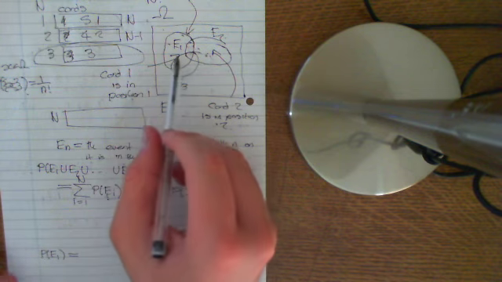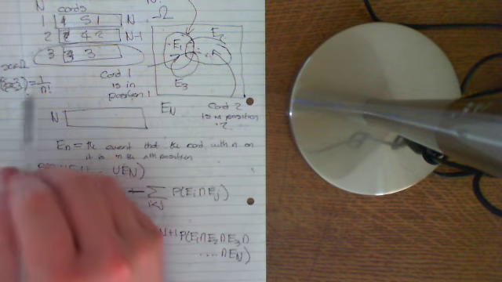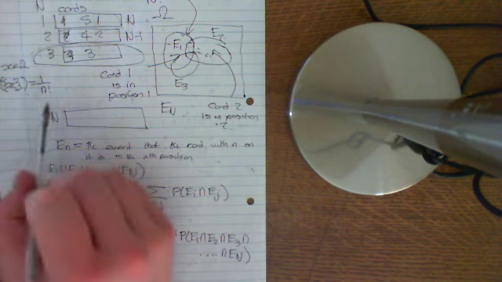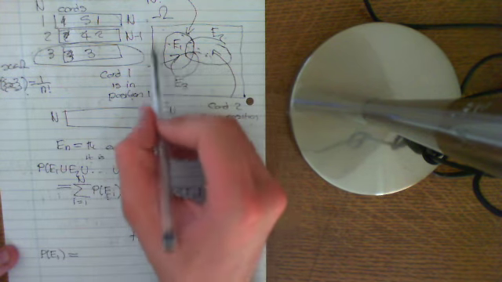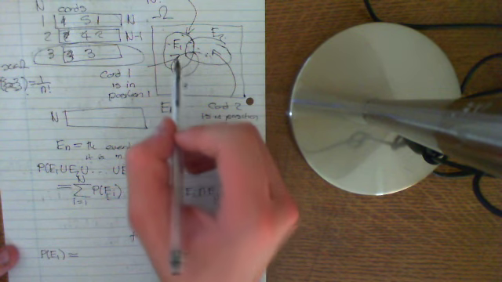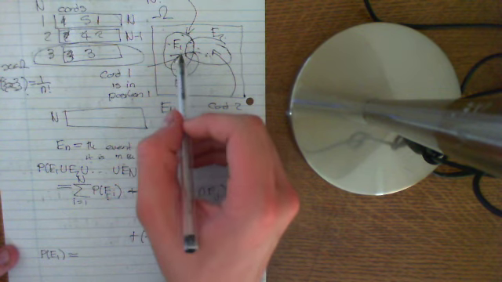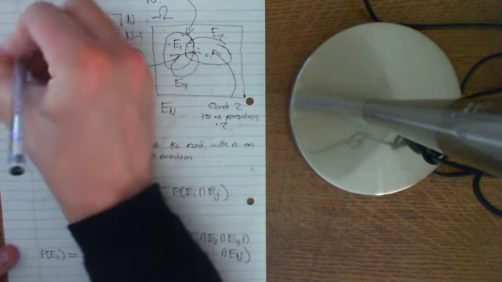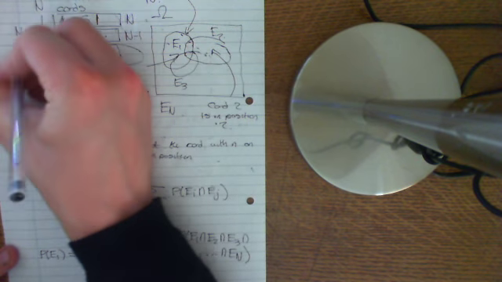So if we want to work out the probability of E1, all we have to do is work out how many singleton outcomes we have, and then multiply by 1 over n factorial. So how many outcomes satisfy the condition that 1 is in position 1? We put 1 there, then how many things can we put here? We can put n minus 1. Then we can put n minus 2 here for each one of those.